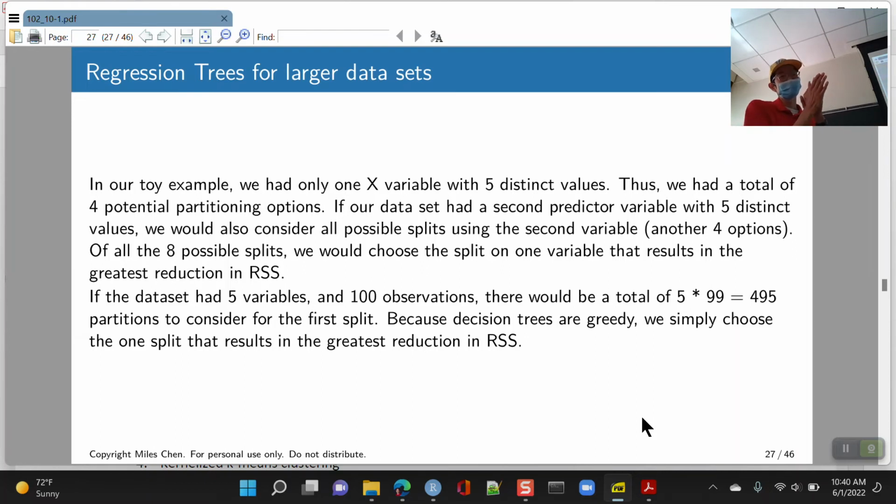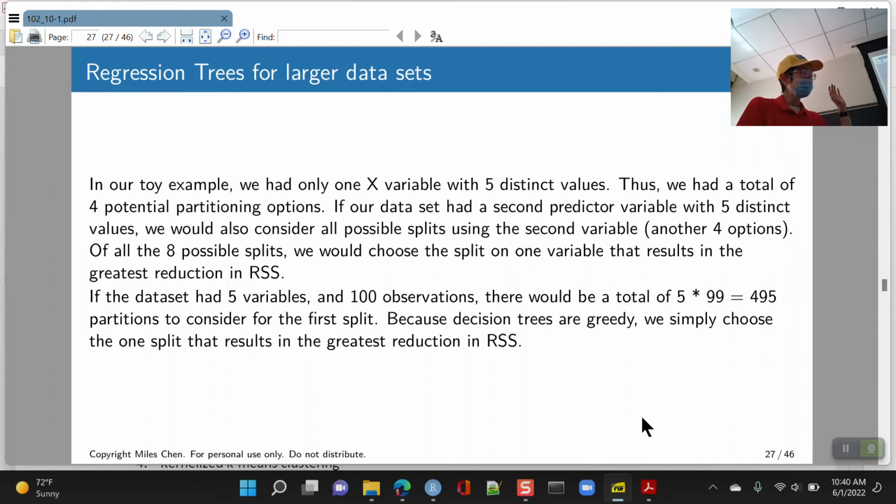So for x1, you consider the split between 1 and 2, and 2 and 3, and 3 and 4, all the way up to 98 and 99, and the split between 99 and 100. So that's 99 potential splits, less if you have some duplicate or tied values in x.